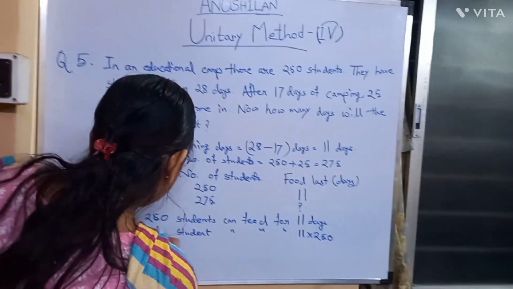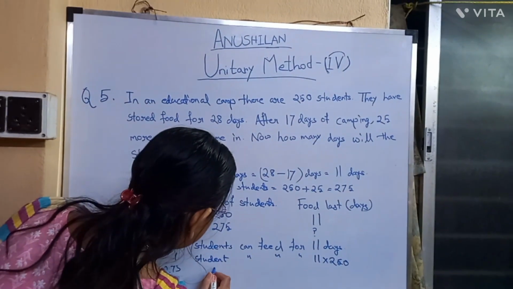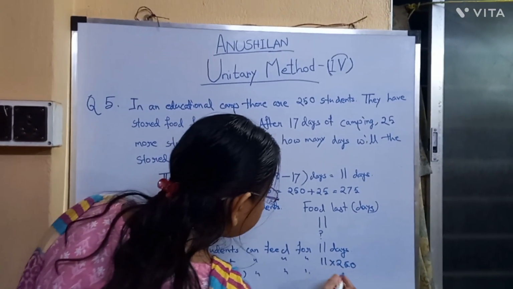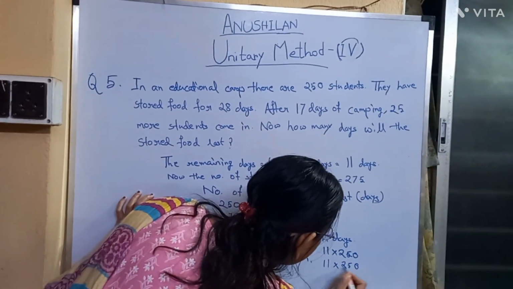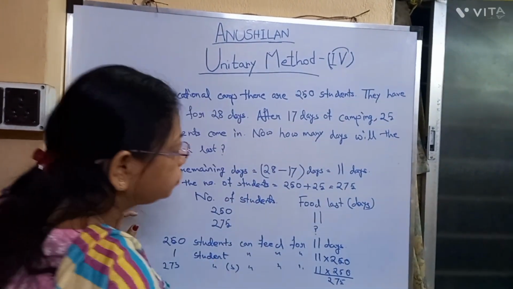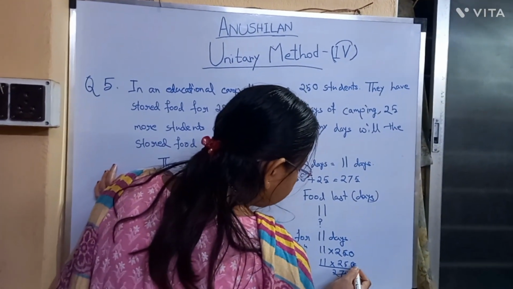And 275 students can feed for 11 into 250 by 275. I divide it by 25.